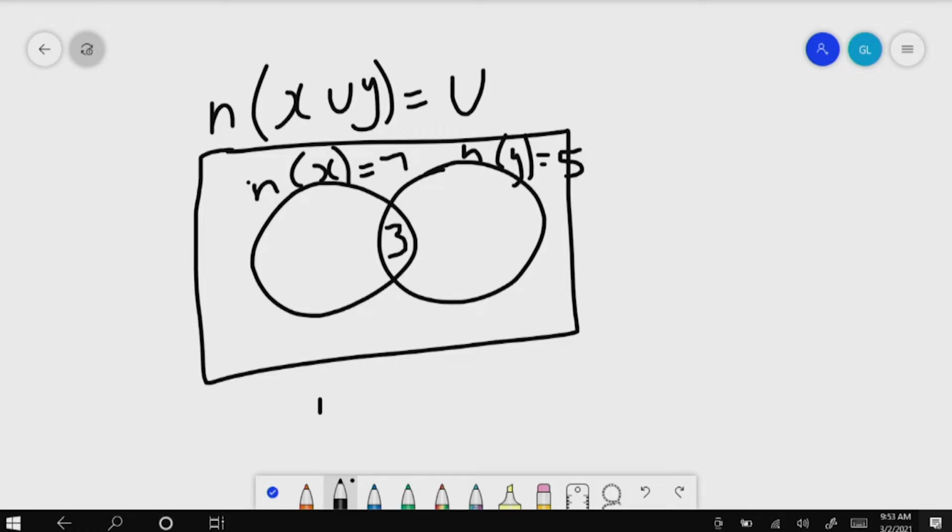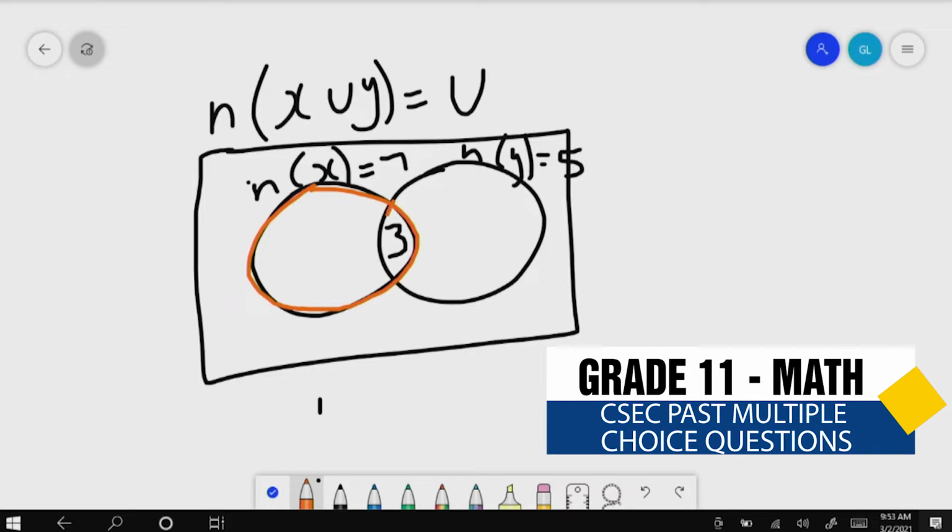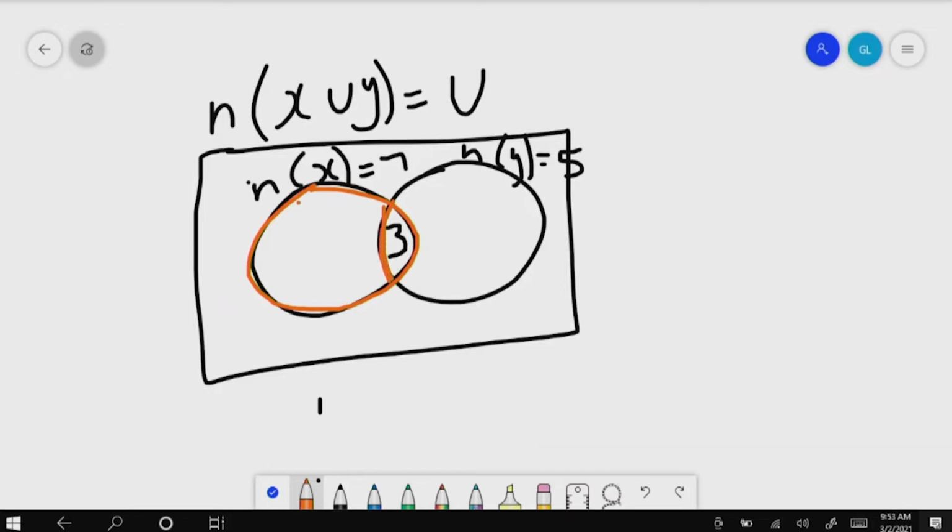Now, when we look at this set here, the total number in x is 7. However, a part of x is equivalent to 3, hence the remaining piece would have been 7 minus 3, which would have given us 4. Likewise, the number in y is equal to 5. However, the piece of y which is also in x is equal to 3.